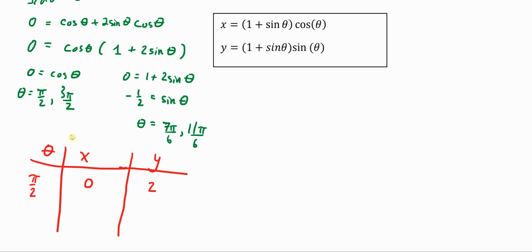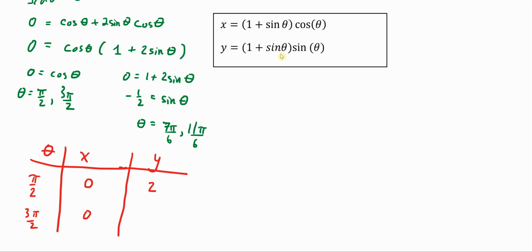All right. When I try 3 pi over 2, putting into here, I'm going to get the same thing, right? So cosine of 3 pi over 2 is 0. So that's also going to give me 0 for x. And same thing down here. I'm going to have, or almost the same thing down here.